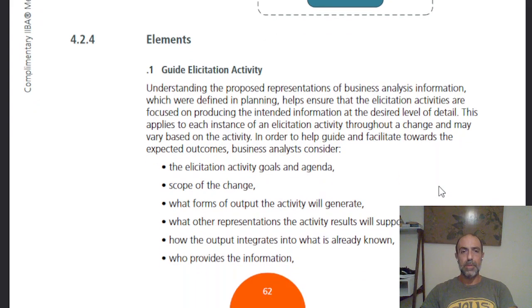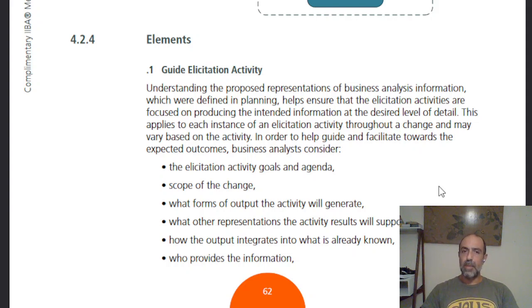I'd definitely be interested. Guide elicitation activity, understanding the proposed representations of business analysis information, which were defined in planning, naturally. Helps ensure that elicitation activities are focused on producing an intended information and desired level of detail. So basically, this is for us to double check. This applies for each instance of an elicitation activity throughout a change and may vary based on the activity itself.